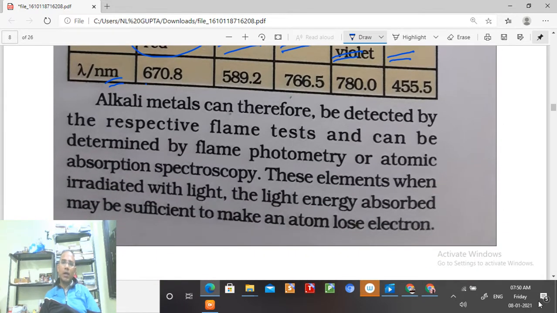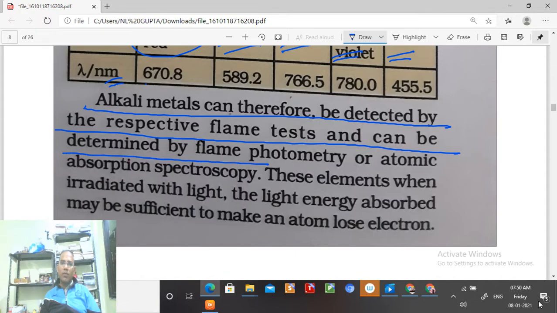Now let us see another point, students. Alkali metals can therefore be detected by the respective flame test and can be determined by flame photometry or atomic absorption spectroscopy.